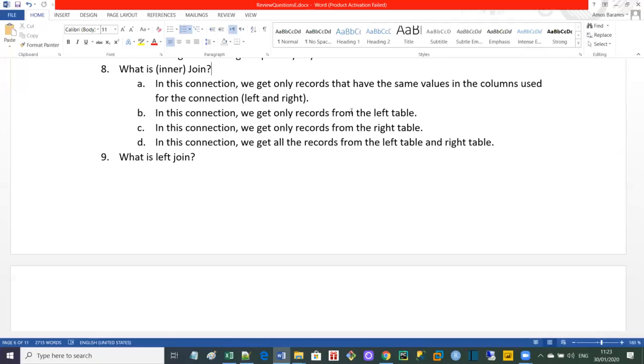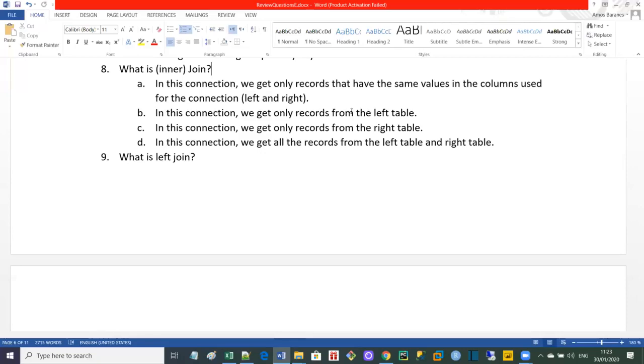Let me explain that. When we connect two tables, let's call the first table table A on the left side and table B on the right side. What do I mean by left and right? We write a command, select star from, and then we write the name of a table. The first one I call the left table, okay?